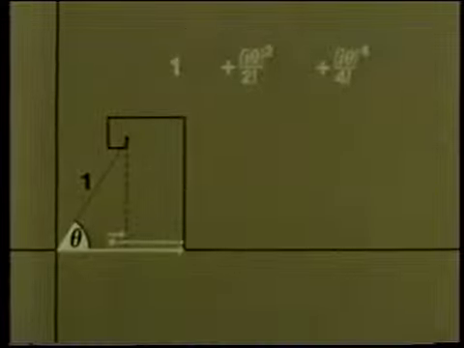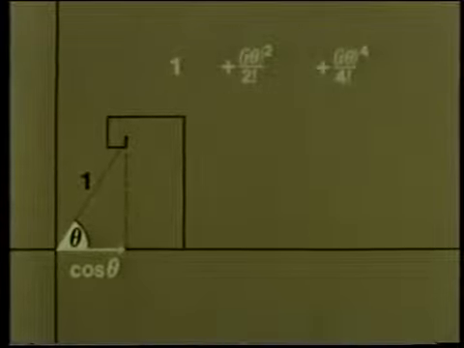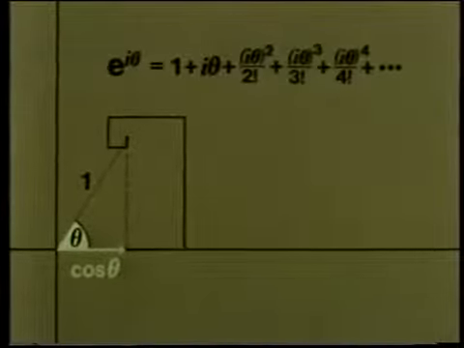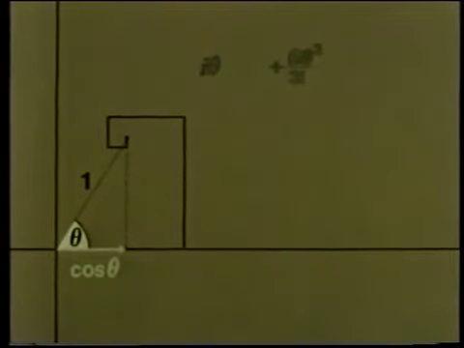And adding, you'll discover a series which just gives cosine theta. Similarly, the complex terms, the odd powers of I, will also give a series. And this will turn out to be I sine theta.